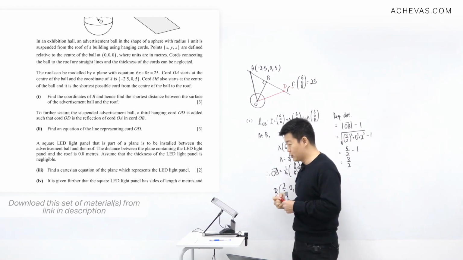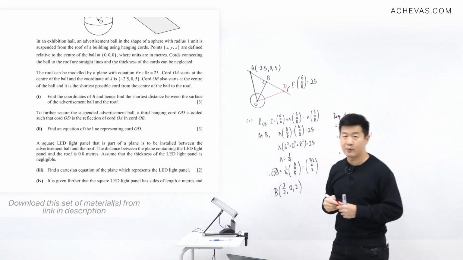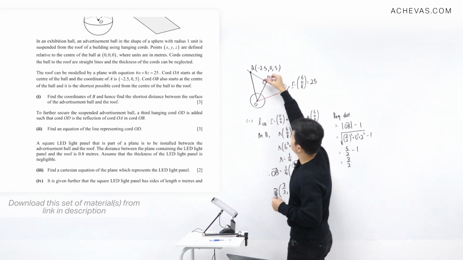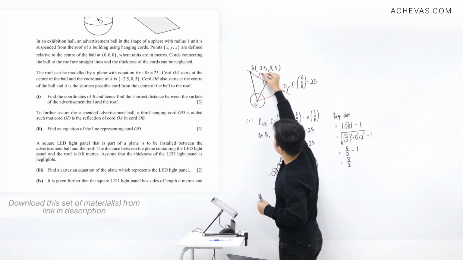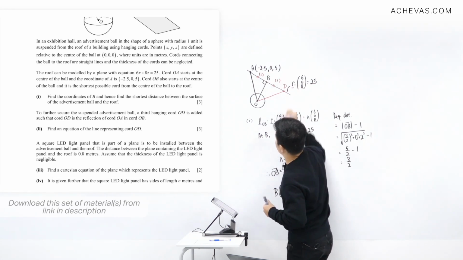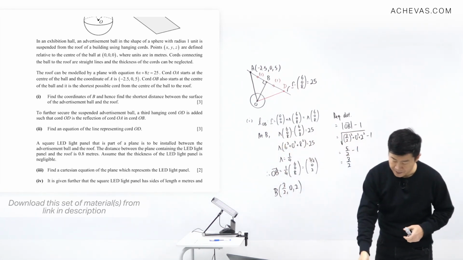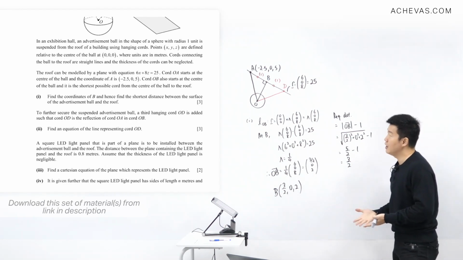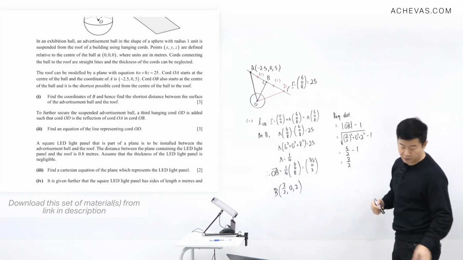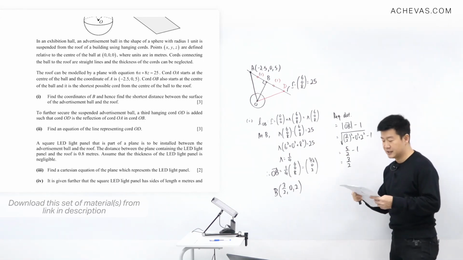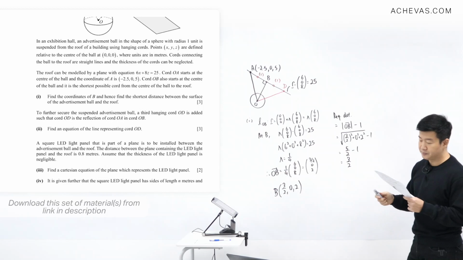Okay, and we are supposed to find the equation of the line that represents this OD. Because it is a reflection, we are looking at these two distances to be the same, which means that proportion-wise, it is going to be 1:1. And we have the position vector of A, we have the position vector of B. We can make use of the ratio theorem to find the position vector of D. This is not a problem.